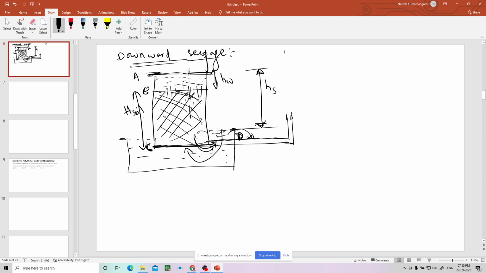Suppose the tube height is like this. Can you tell me what is the water height in this tube?